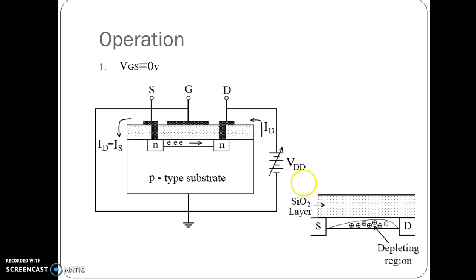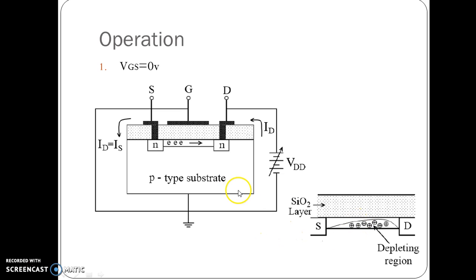Now, as the electrons start flowing, the drain current also starts flowing. When we increase this VDD, more electrons get attracted towards the drain terminal. Hence, a depletion region gets created in this channel. That depletion region is represented like this. When we increase VDD further, this depletion region goes on increasing.